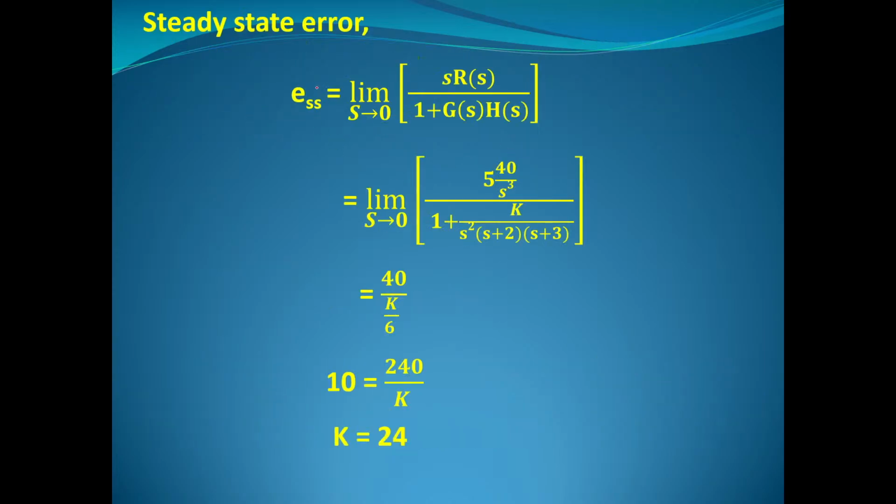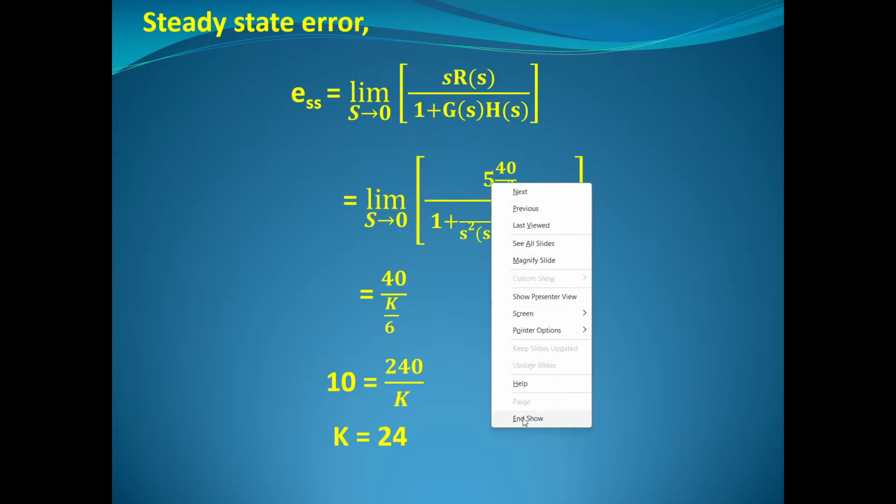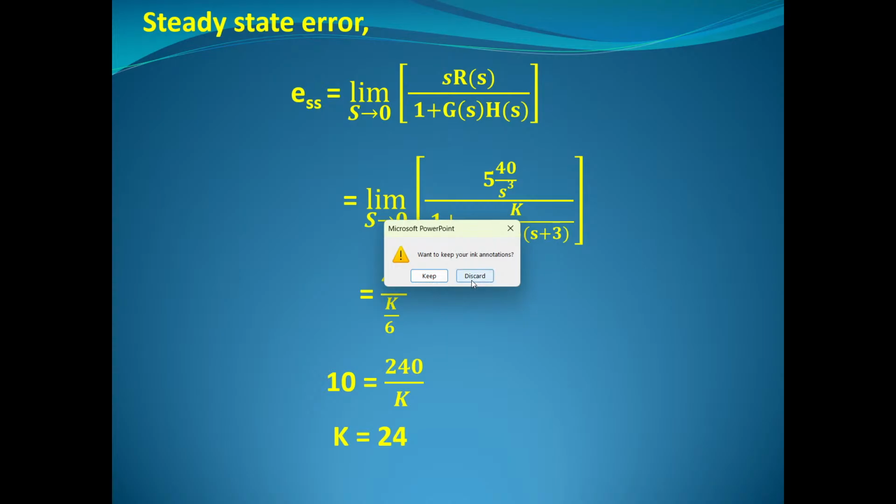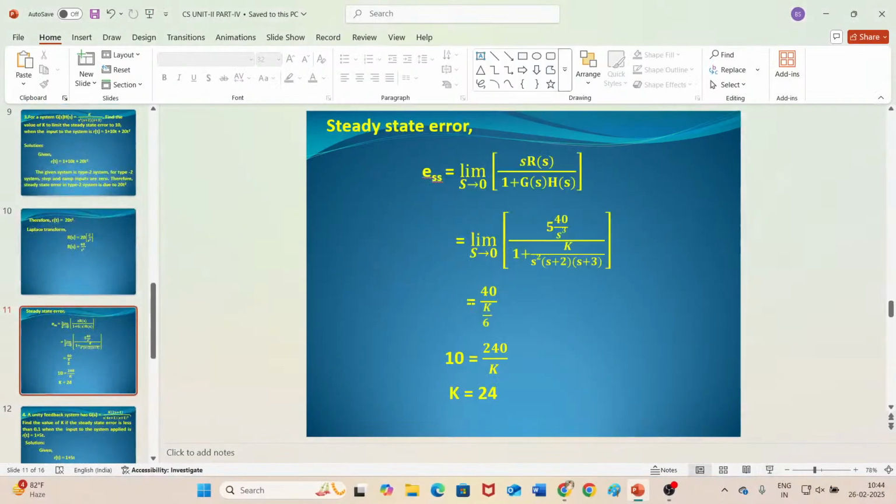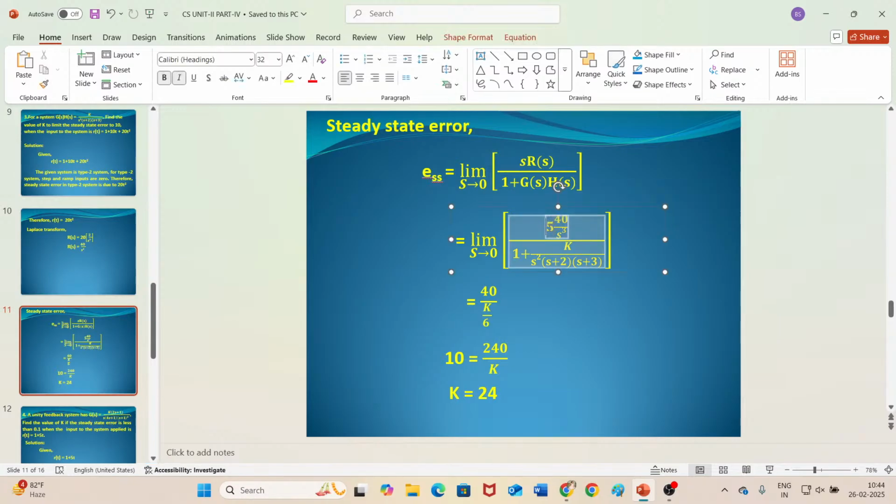So what is our formula? The steady state error formula: ESS is equal to limit s tends to 0, s into r of s by 1 plus g of s, h of s. So what is r of s? 40 by s cube. So here it is not 5, it is s.